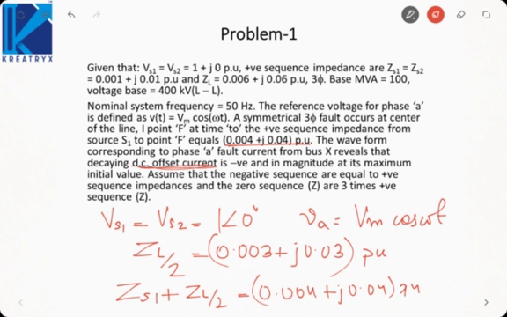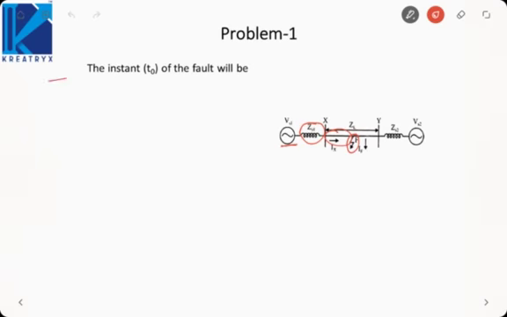So magnitude is maximum but the value is negative. Assume negative sequence impedance is equal to positive sequence impedance, and zero sequence is 3 times positive sequence. Z2 is equal to Z1, Z0 is given as 3Z1. First question is asking what is the instant of the fault.